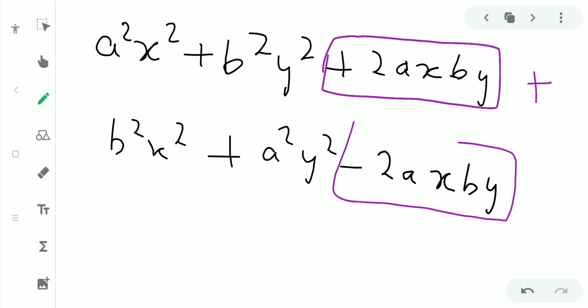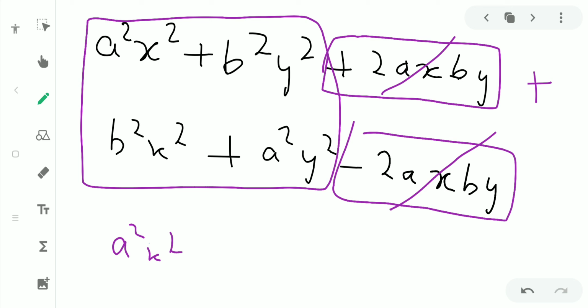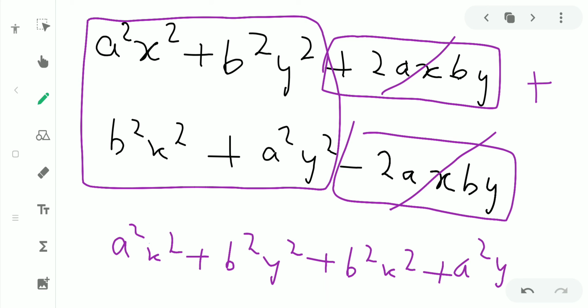So these terms you can just cancel them. So now the terms left with us are only these terms, that is a square x square plus b square y square plus b square x square plus a square y square.